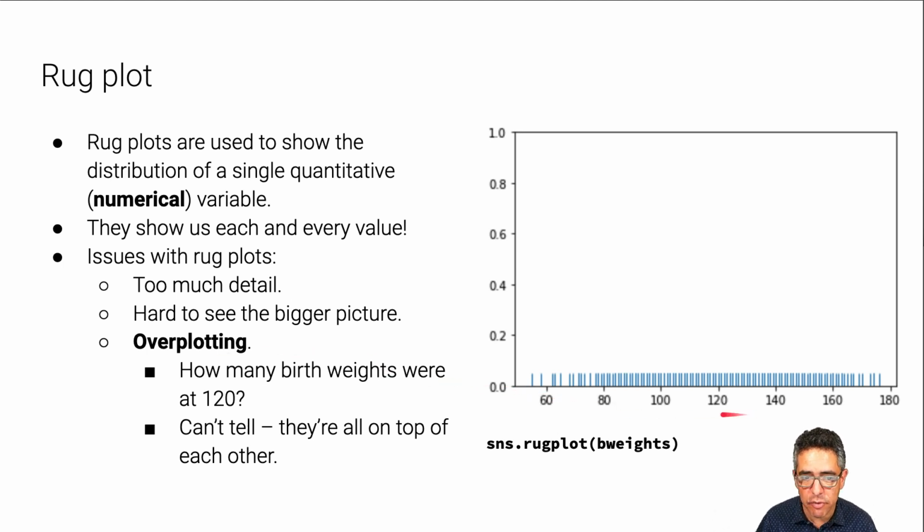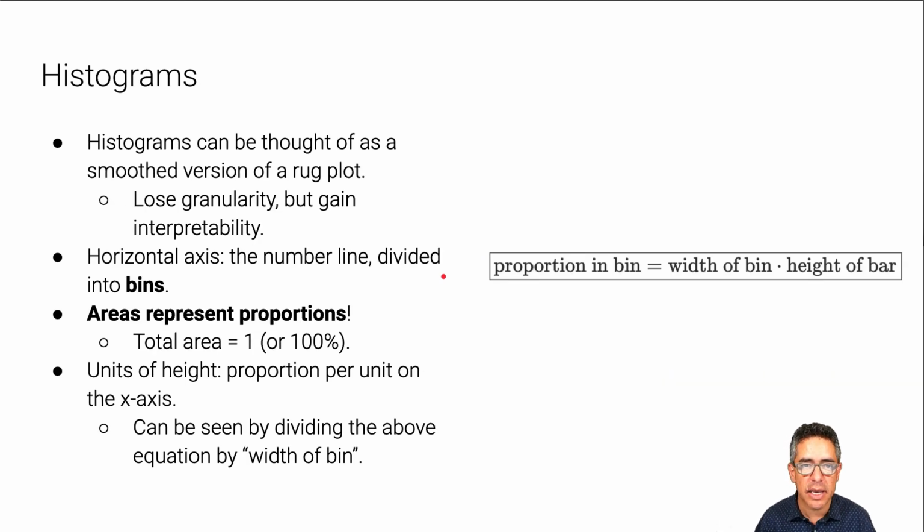So, for example, if we wanted to ask the question, how many birth weights are there around 120? It's very hard to tell. We know that there's close to 1,200 points being plotted here, but obviously we see a lot less than 1,200 individual bars. Now, if we could zoom in a lot, maybe we could zoom in enough to start counting, but from the entire plot by itself, we can't really tell that.